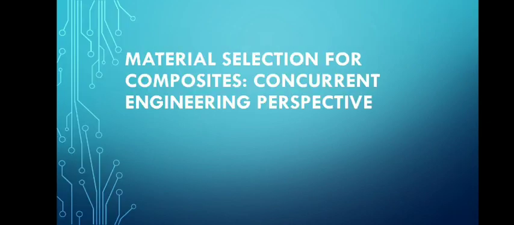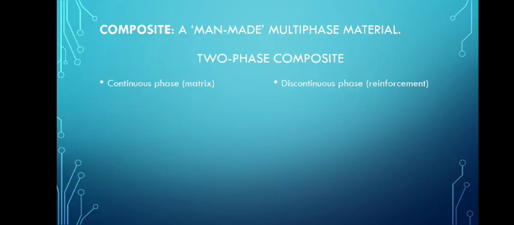Next is material selection for components, a concurrent engineering perspective. An important class of material is composite materials. By composite material, we mean a man-made multi-phase material.